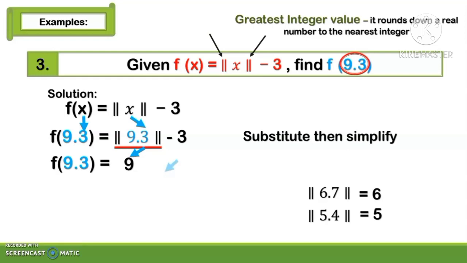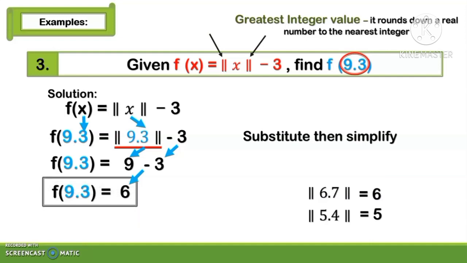And then, bring down lang natin si negative 3. And then, magsisimplify na tayo. 9 minus 3 will give us 6. Bring down lang ulit natin si f of 9.3. And that is our final answer. F of 9.3 is equal to 6.